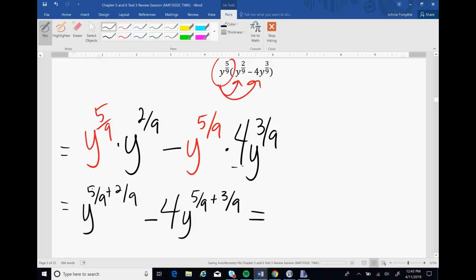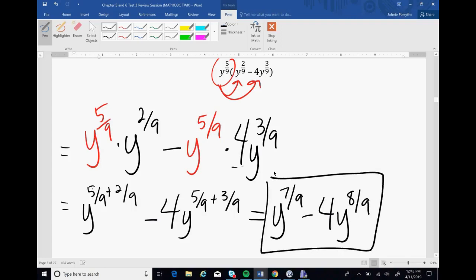So this will be a lot easier to finish. So we're going to have y to the 5 plus 2, which is 7/9, minus 4 times y to the 5 plus 3, 8/9. And that's going to be your final answer. So if you need to refresh those exponent rules, you want to be sure and do that.